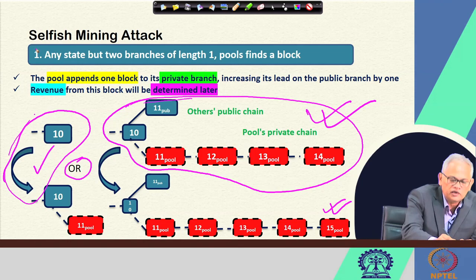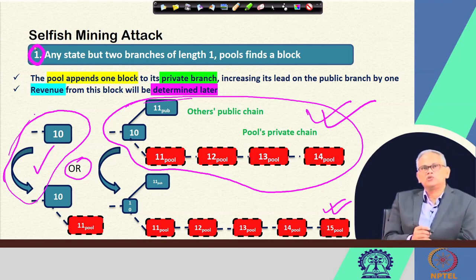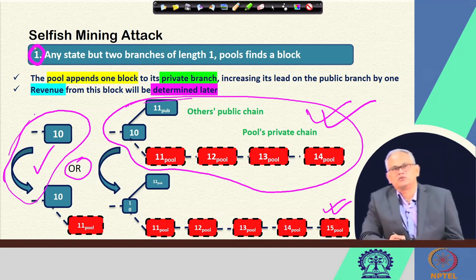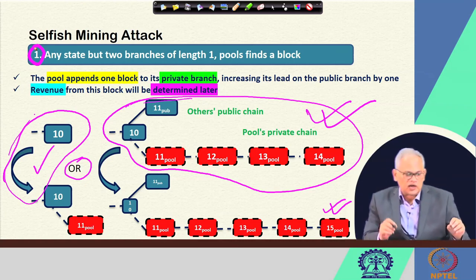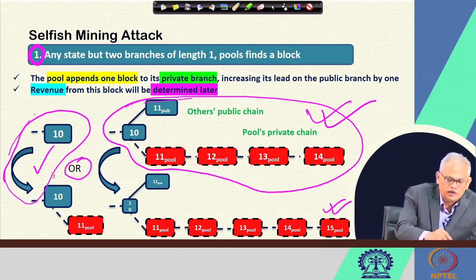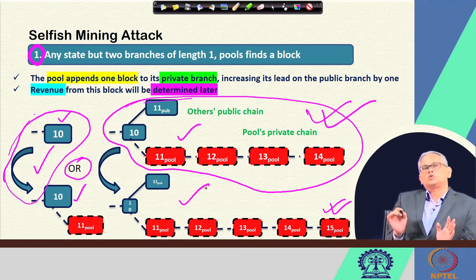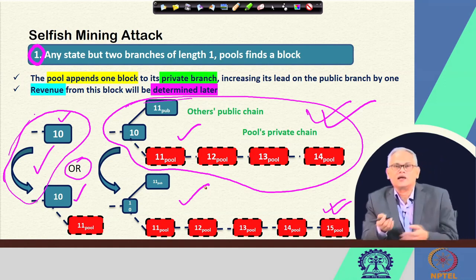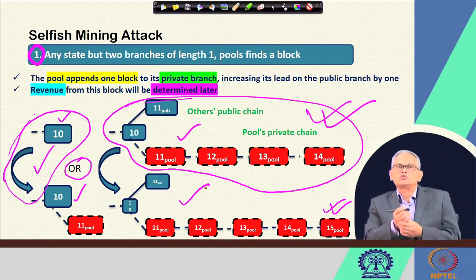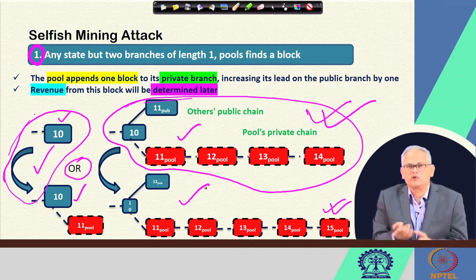Still, this is one possible scenario. We will be showing some 8 such possible scenarios. This is the first possible scenario, where if it occurs, either from this one it goes to this one, or from this one it goes to this one, the attacker does not do anything until the attacker makes something public. So there is no question of the attacker getting any revenue out of it.